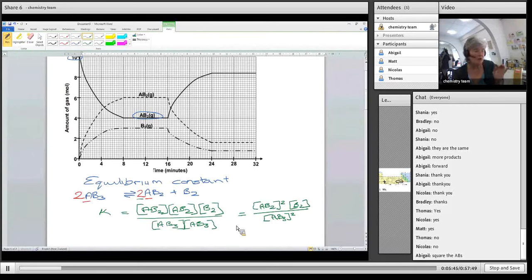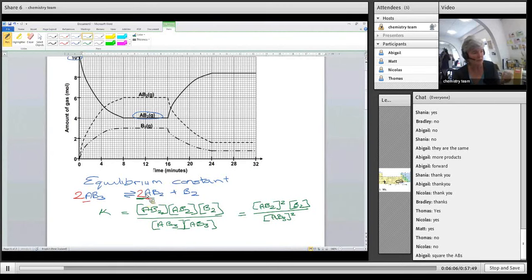Okay, so whenever you write the equilibrium constant of an equation, you multiply the products and you raise the concentration of the products to the stoichiometric power, or to the stoichiometric value.